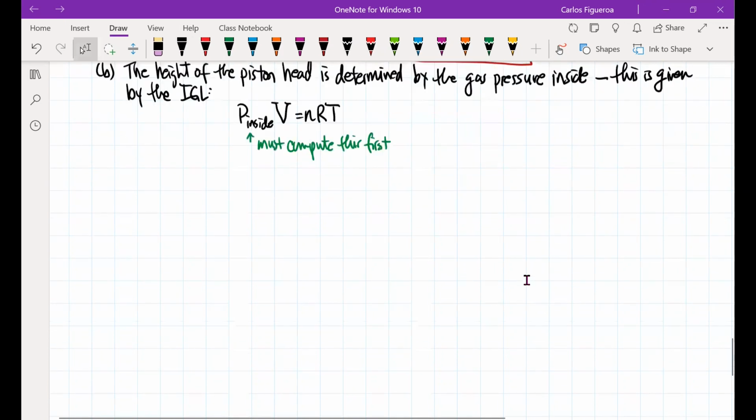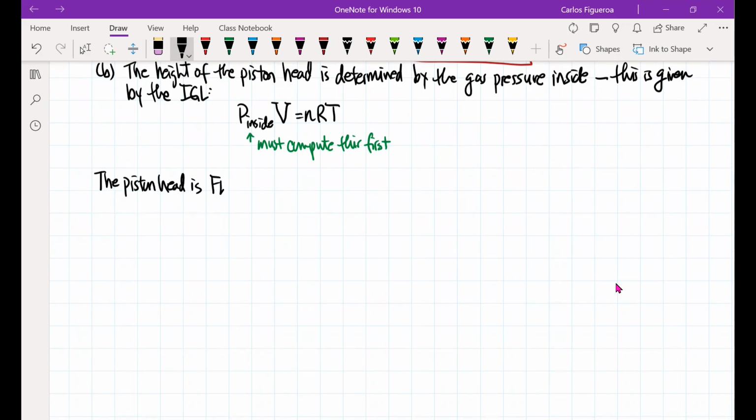The one thing that we want to pay attention to here is that when I look at my piston, they said something very specific. They said the piston head is floating.